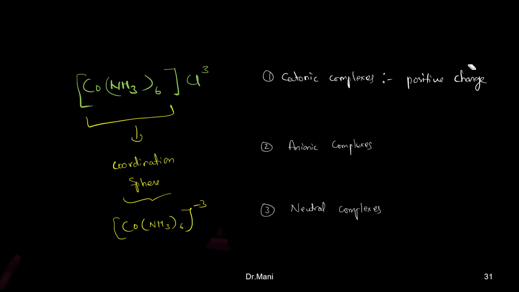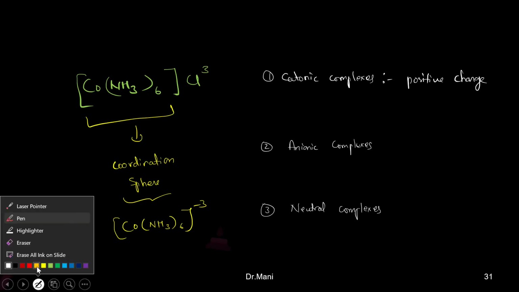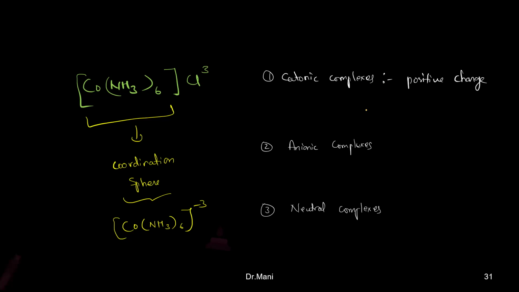Okay, you can take Zn(NH3)4 2+ as well, as an example. So this is a cationic complex.